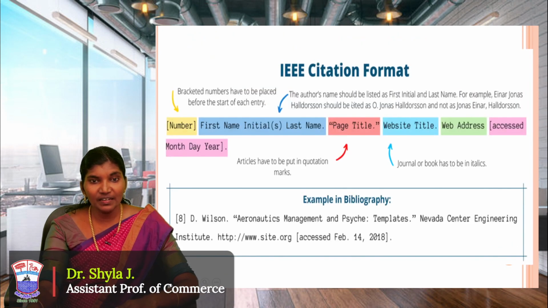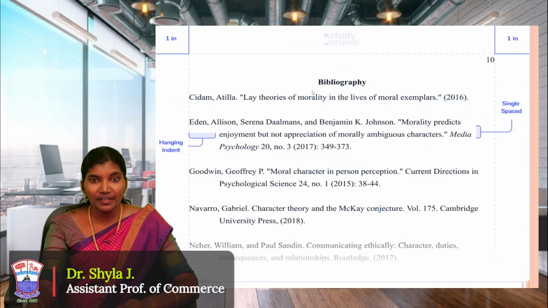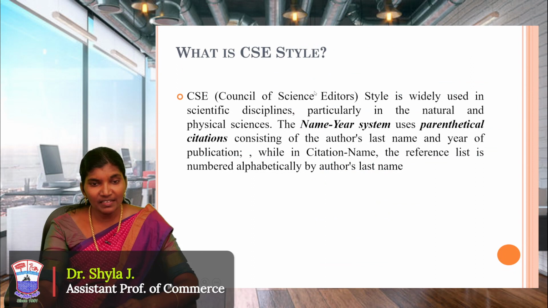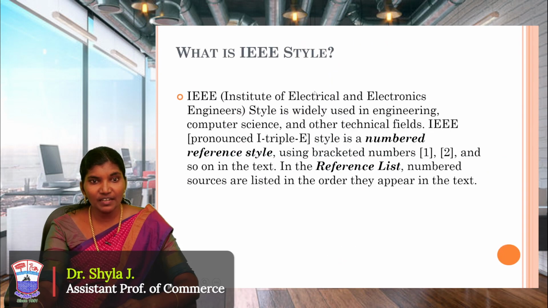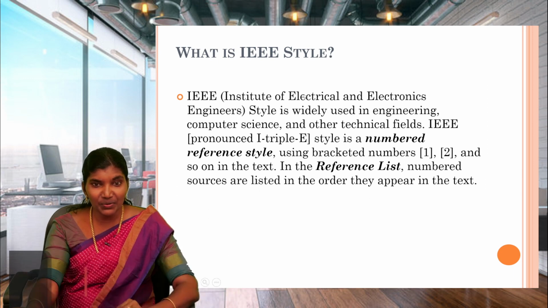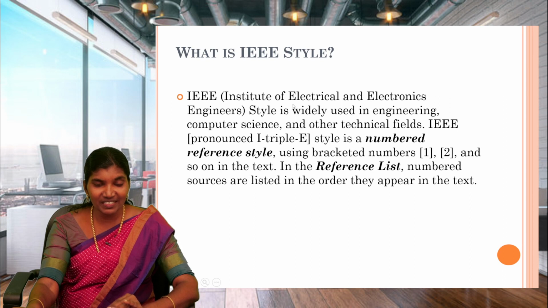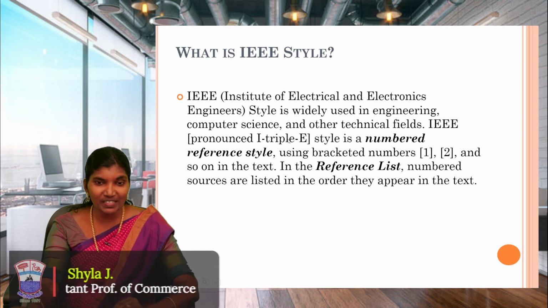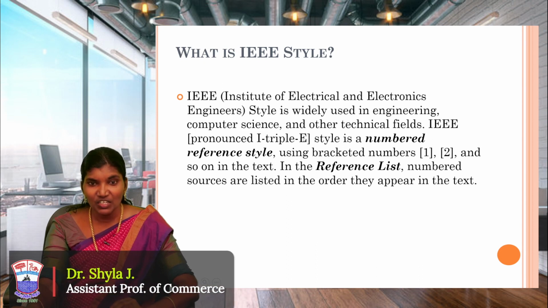Another citation is called the IEEE citation format. What is IEEE style? IEEE, the Institute of Electrical and Electronics Engineers style, is widely used in engineering, computer science and other technical fields. So for this kind of research area, you can use the IEEE style.